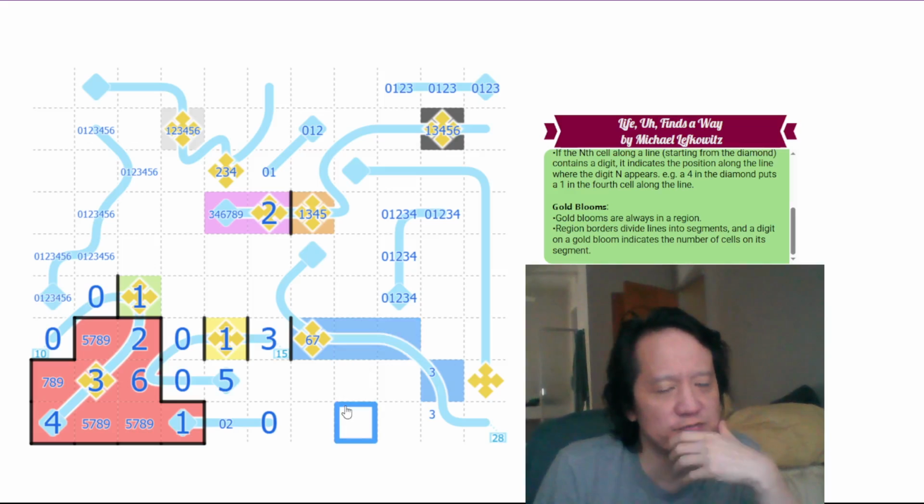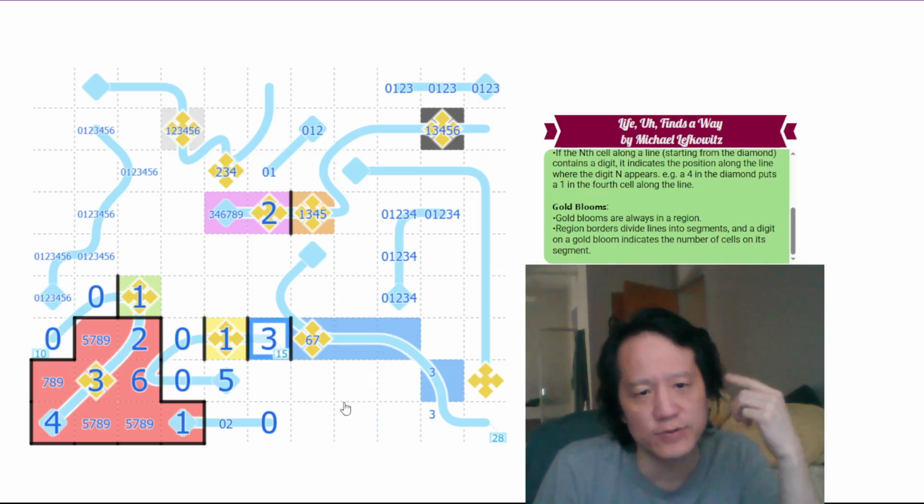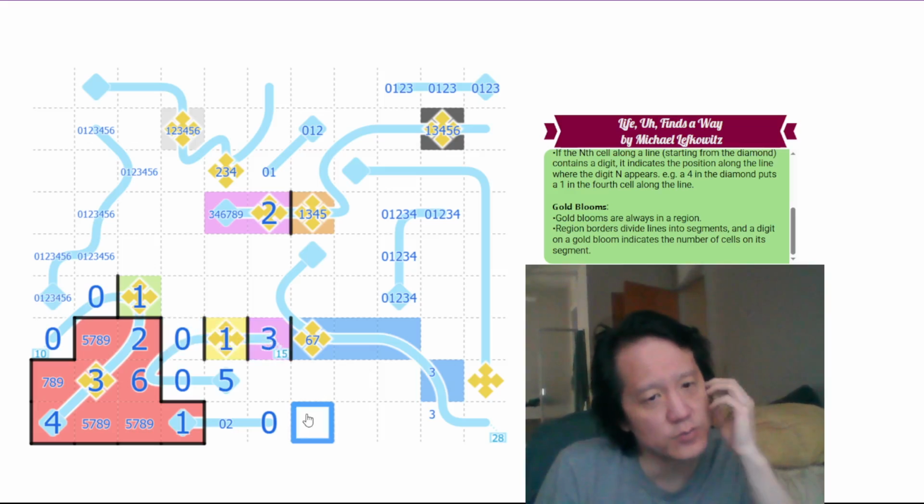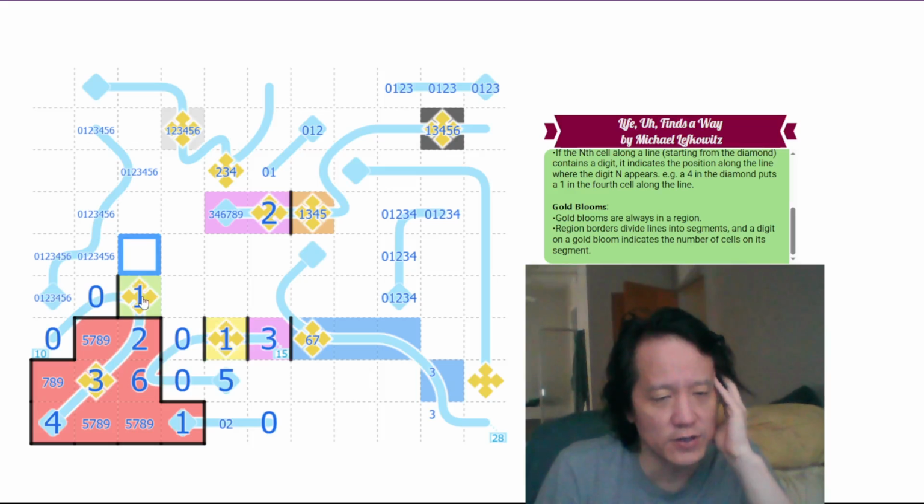That means these must be filled out. This is a separate region than 1. So one of these is probably pink. We don't know which. This has to be different than green, though.